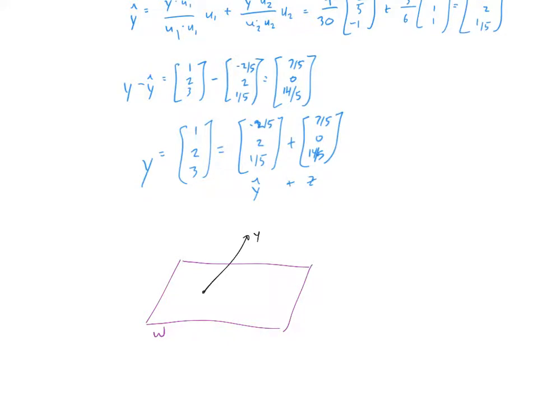And then we project it, the orthogonal projection, into the subspace W. That is our y hat that we found using the formula. And the z that you get when you subtract is orthogonal to y hat. This guy is z right there. So we're decomposing y into these two vectors. That's the visual of what this looks like.